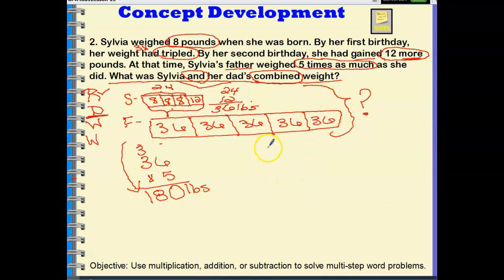So that means that I'm going to have to add Dad's weight of 180 pounds plus Sylvia's weight of 36 pounds. So 6 plus 0 is 6. 8 plus 3 is 11. So I'm going to leave my 1 in my tens place, and I'm going to convert that 10 tens into 100. So that then I have 100 plus 100, and that's going to be 200.